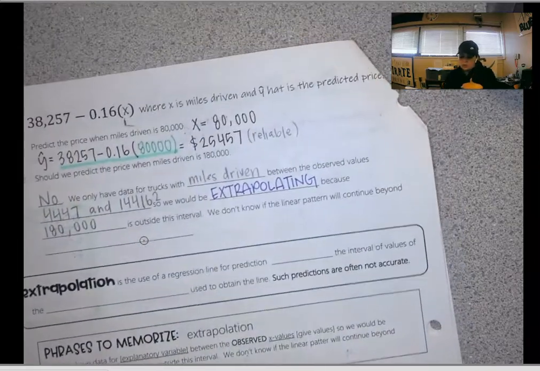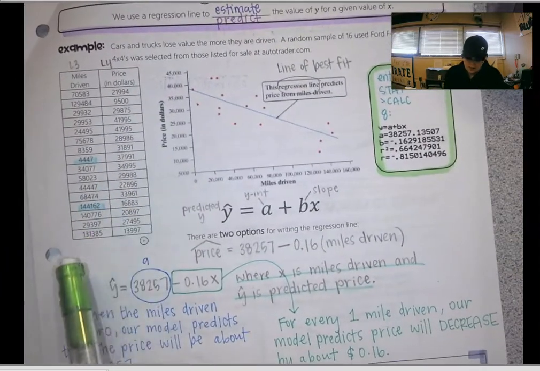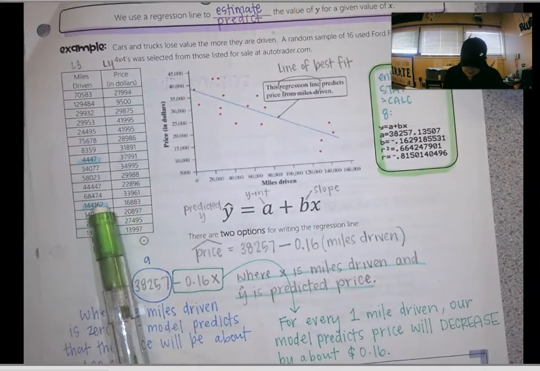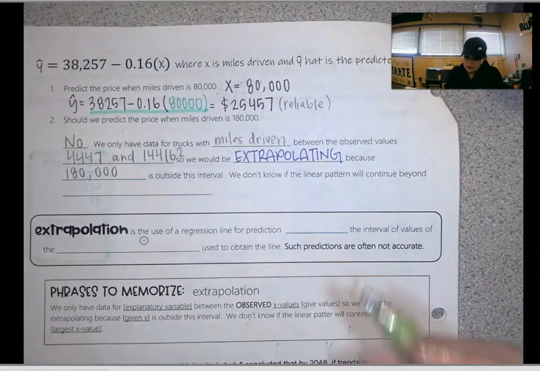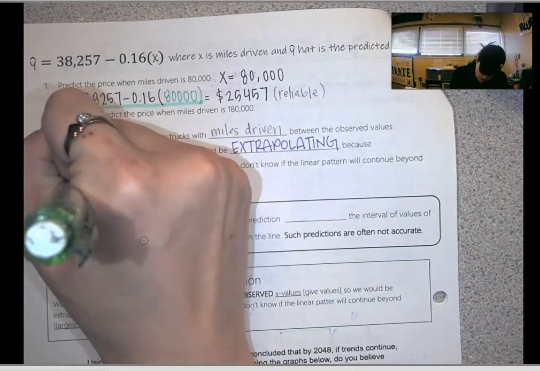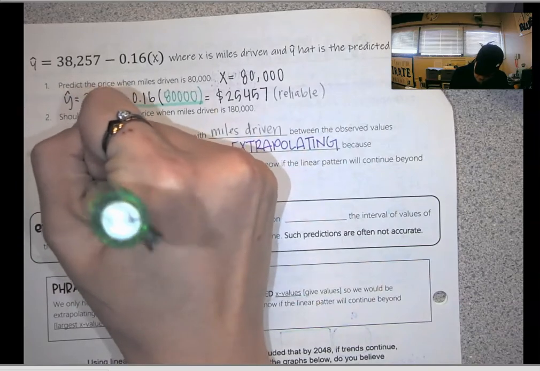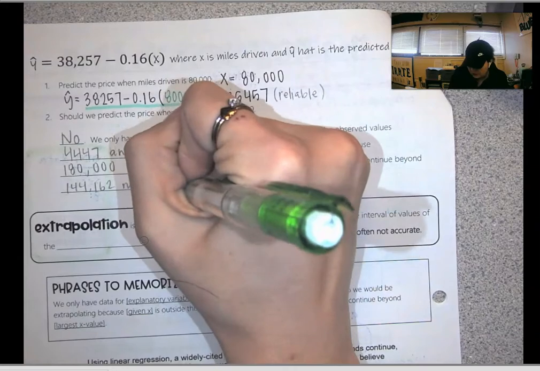So let's go back and figure out what our maximum value is, because I highlighted our min. What is our max? 144,162. So we don't know if the linear pattern will continue beyond 144,162 miles driven.